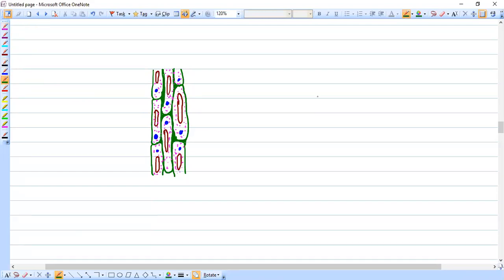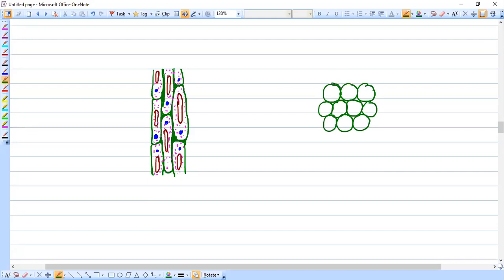The moment you take the TS, you will understand how it appears. Now here you can see there is a TS diagram. TS basically means we are talking about the transverse section. So here we have taken the TS, or you can say transverse section, of the collenchyma.